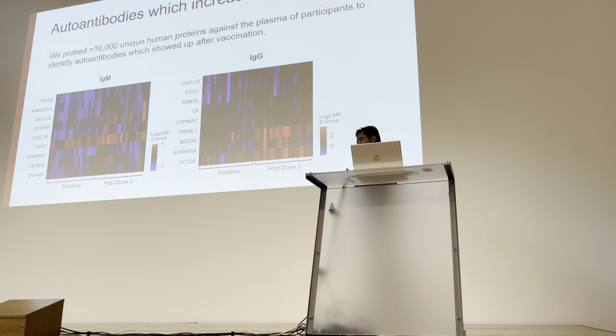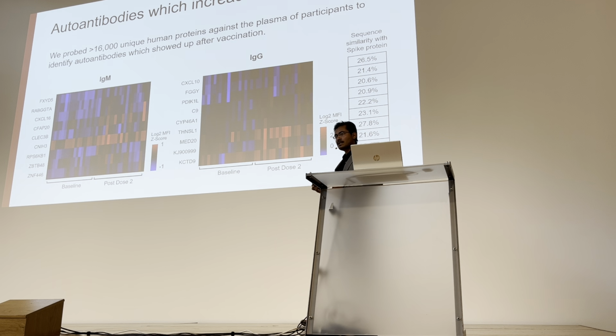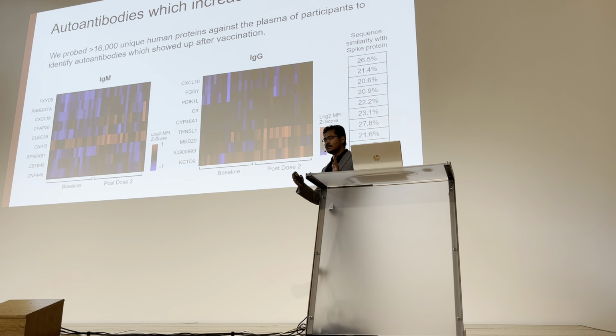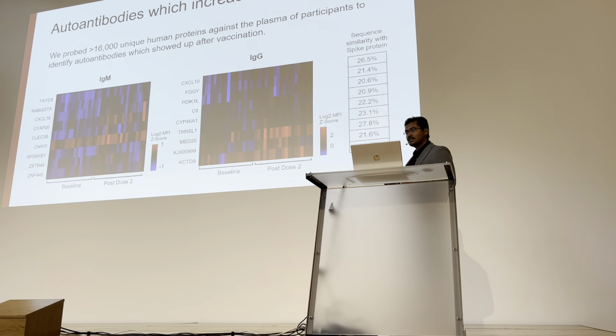I was curious whether these are somehow similar to the spike protein, and that's why I did a multiple sequence alignment of these antigens with the spike protein to see if there is any sequence similarity between them. I found that most of them don't have an exact match. It is just 3 or 4 amino acids and then some gaps. We see that there is no extraordinary linear epitope match.